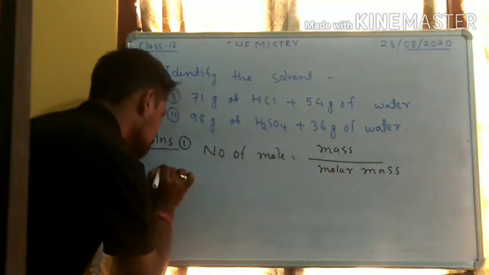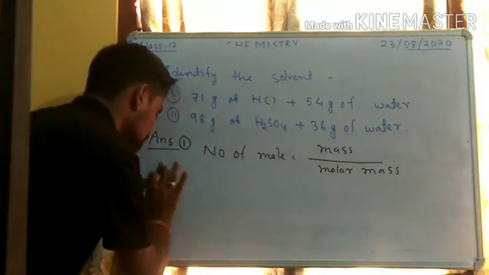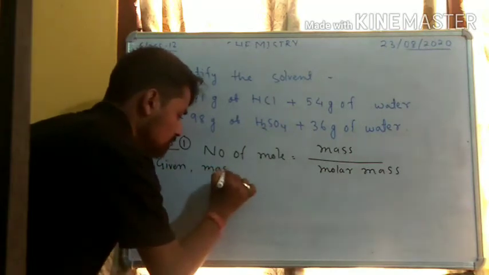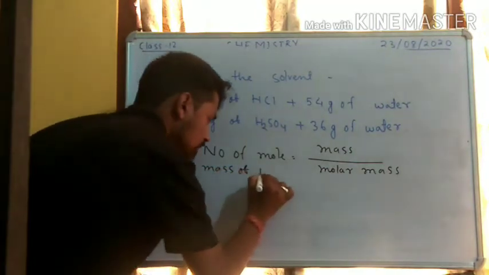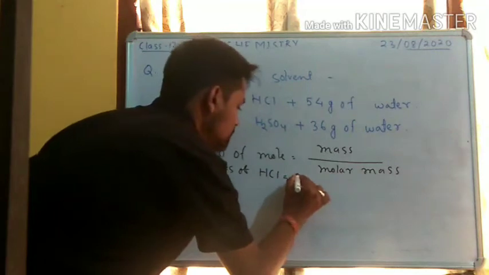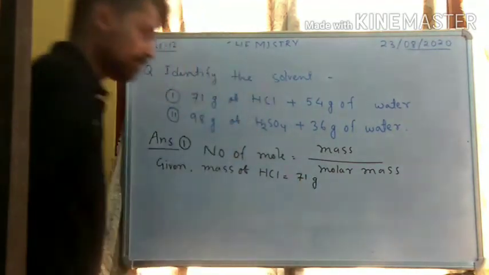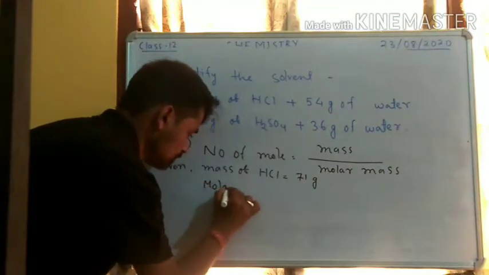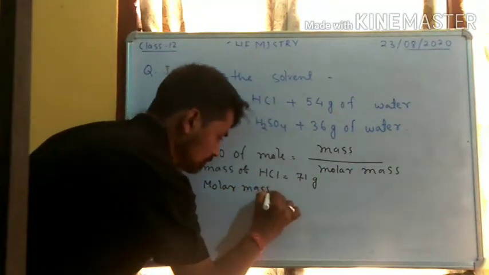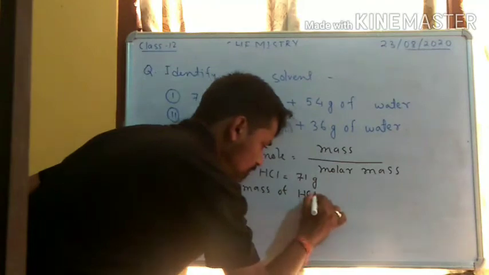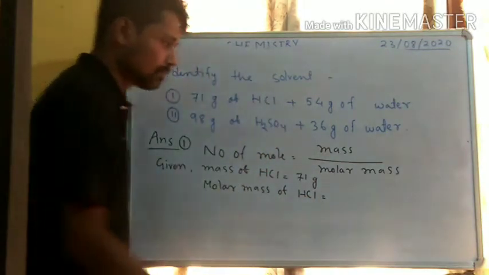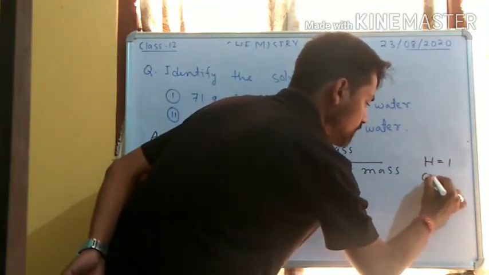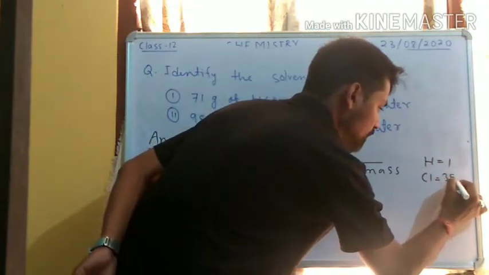So mass of HCl, what is given? Given mass of HCl is 71 gram. What is the molar mass of HCl? Mass of hydrogen is 1, mass of Cl is 35.5.